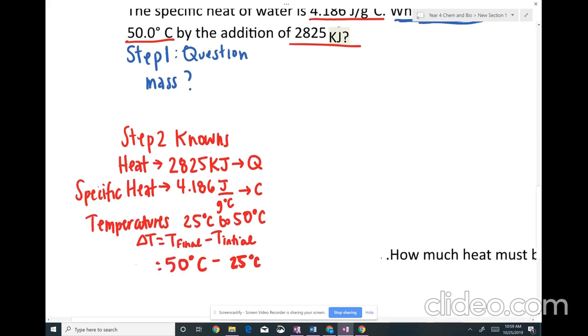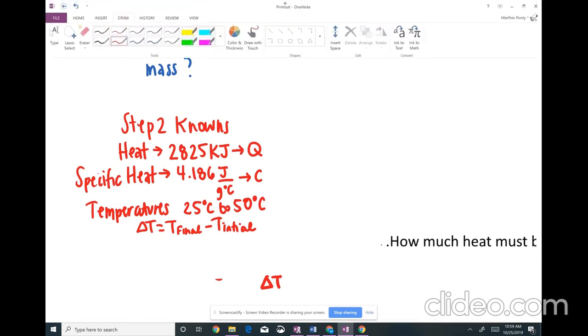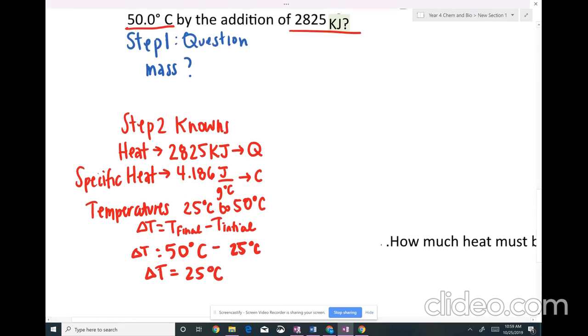Then our delta T, if we subtract that, is going to be equal to 25 degrees Celsius. So in this case, your delta T is going to be equal to 25 degrees Celsius.